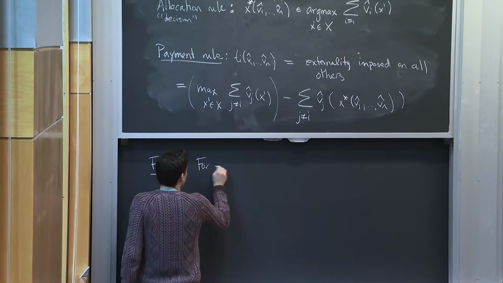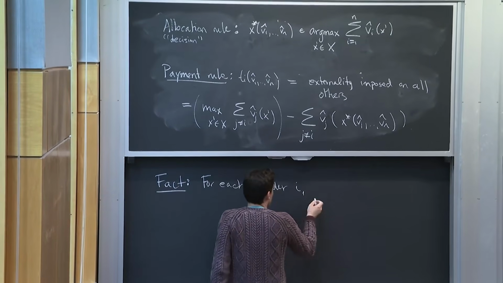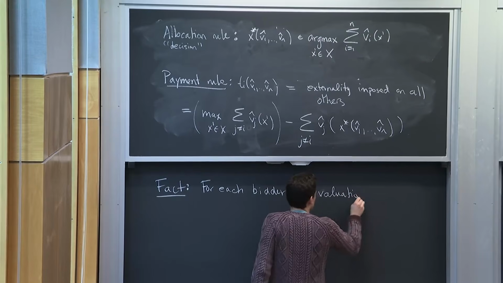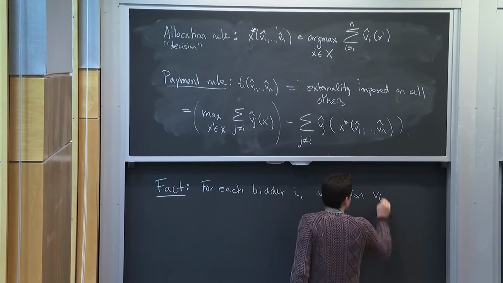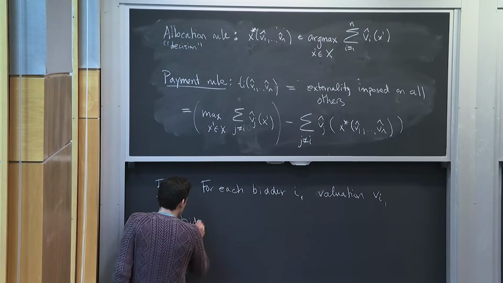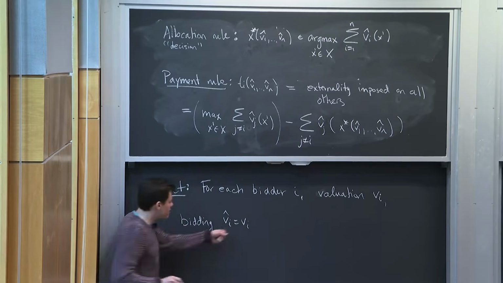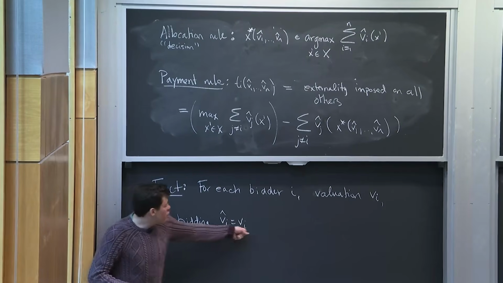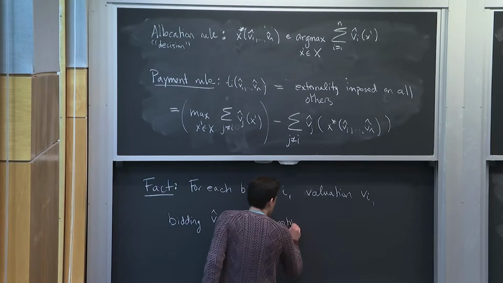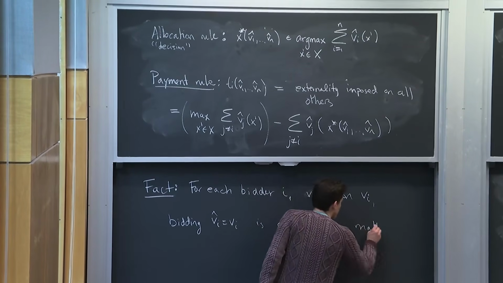So for each bidder i and each valuation function vi, bidding vi hat equals vi. What I mean by that is reporting my true valuation to the mechanism is optimal no matter how everyone else bids.